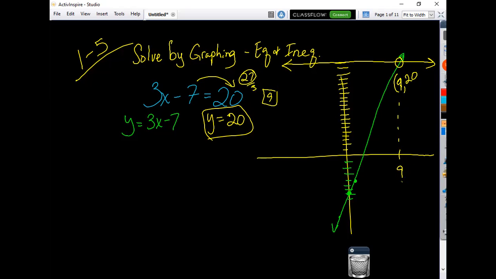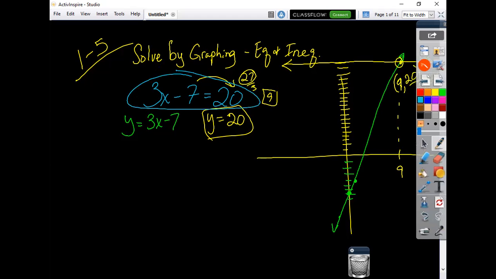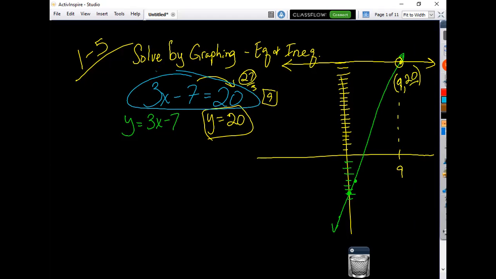Now, the reason some people will get this wrong is the 20, the y coordinate of that intersection up here, is the 20 part of the solution? But if you go back to the original equation that's written over there in blue, do you see a y in that equation anywhere?